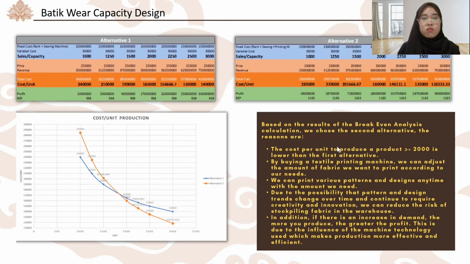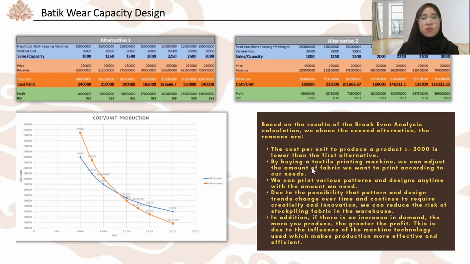Based on the result of the break-even analysis calculation, we choose the second alternative, because the cost per unit to produce more than 2,000 pieces is lower than the first alternative, and as we estimate, in 3 months we can sell 1,000 to 3,000 products. So we think we had better choose alternative two.